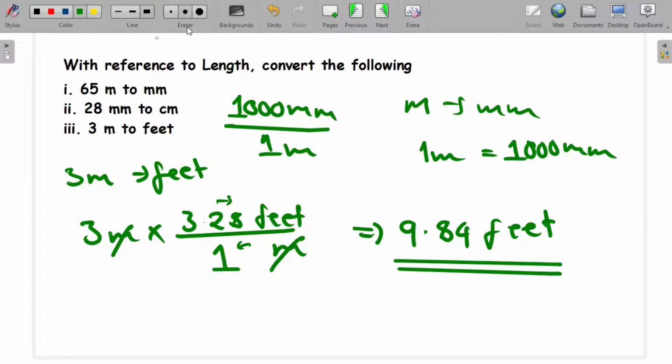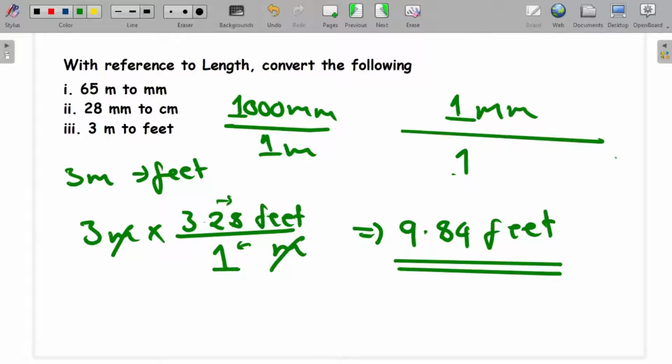They're going to say 1 millimeter is equal to 10 to the power minus 3 meters. This is the only way you can change here, but there's no other way to run away from using the conversion factor.